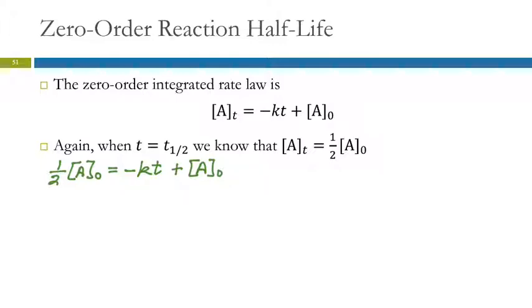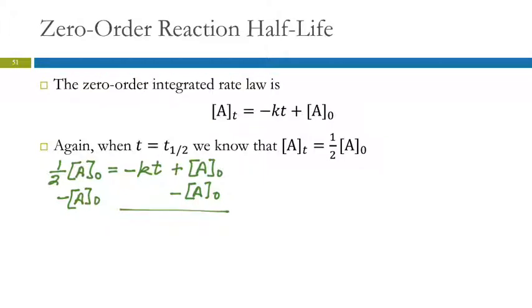So I need to get all those A0 terms together. I'm going to write this out as detailed as I can. What I'm going to do is subtract A0 from both sides. I'm collecting like terms together.